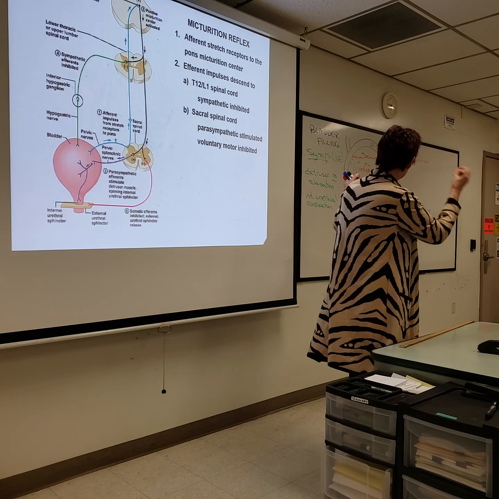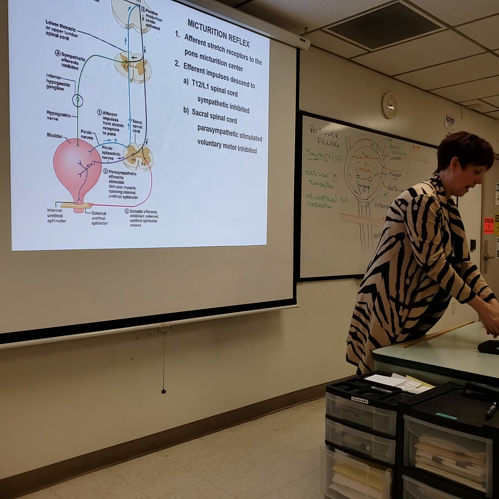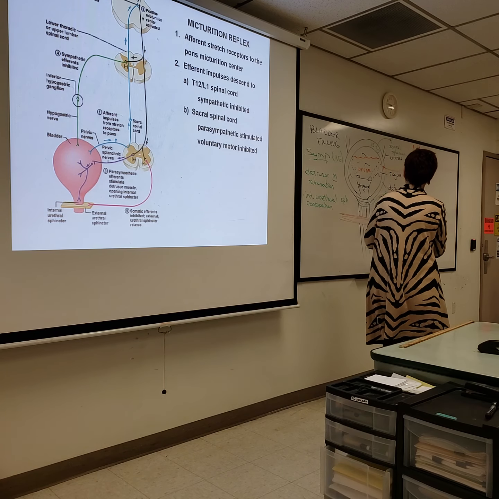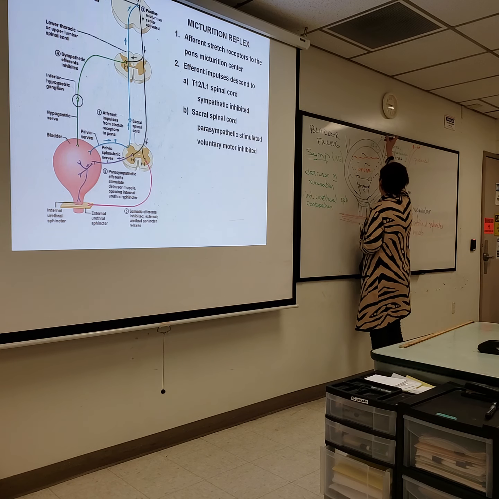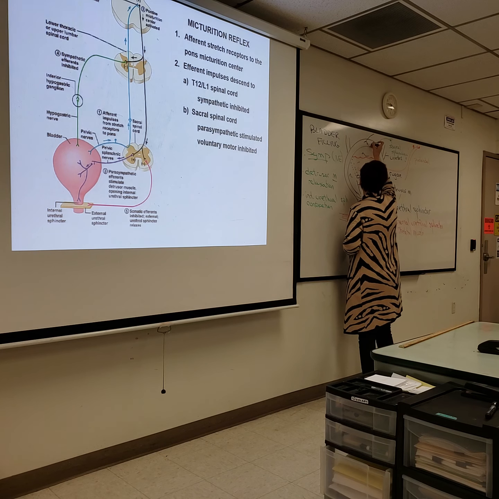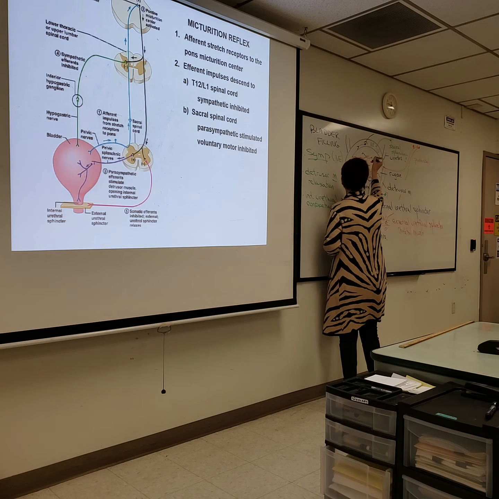All right? So I know it's an overlap here of colors and everything. Let me use black for that one. So you can refer back to these. But we're going to have then our preganglionic parasympathetic coming to our postganglionic parasympathetic.